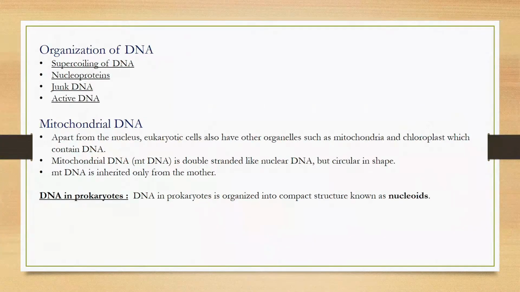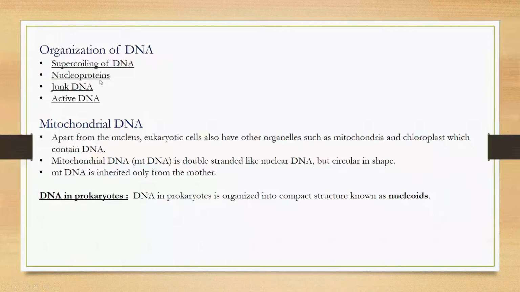The negative supercoils are formed when the molecule is twisted in the opposite direction of the turns of the right-handed double helix of B-DNA. The energy required to create this is stored in the supercoil itself. Topoisomerases are the enzymes which help in the formation of supercoils.